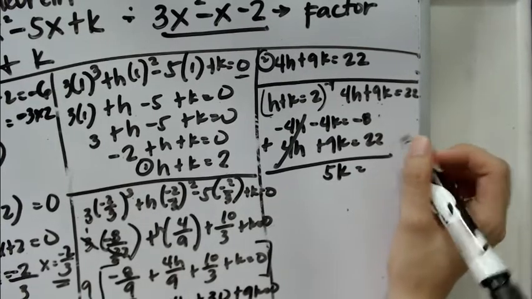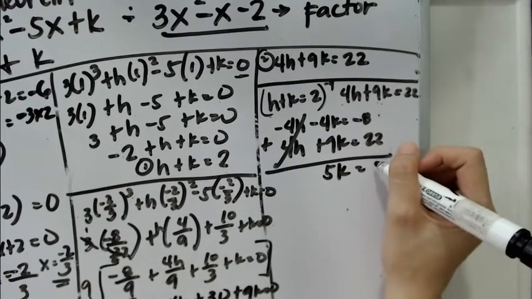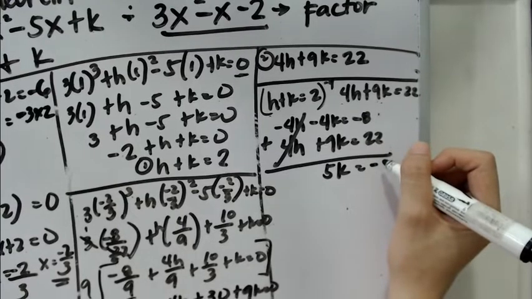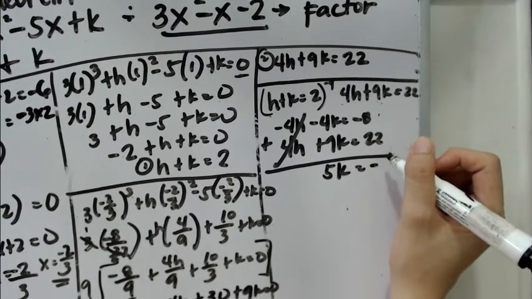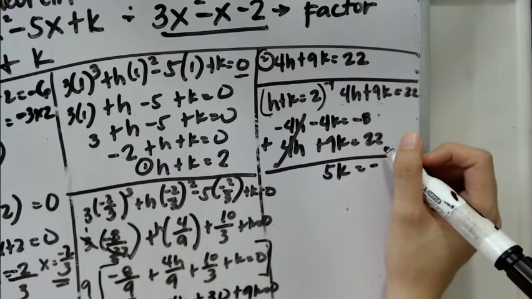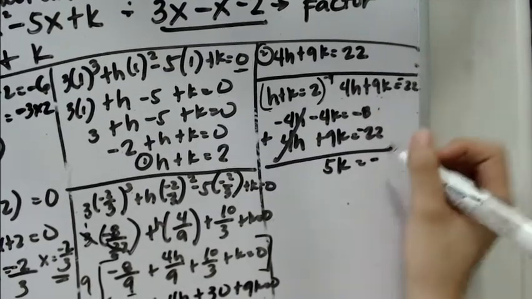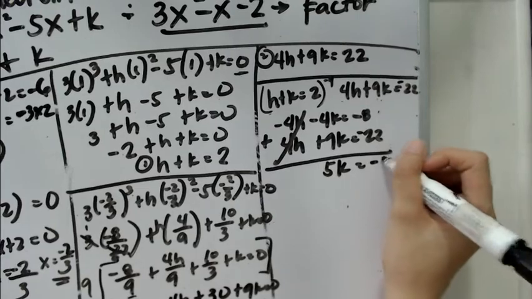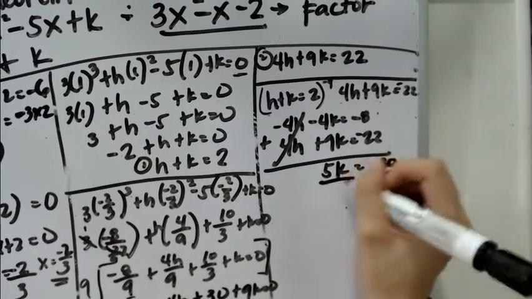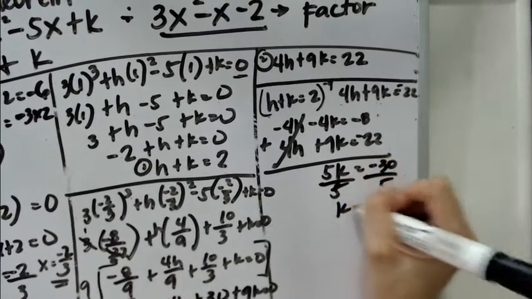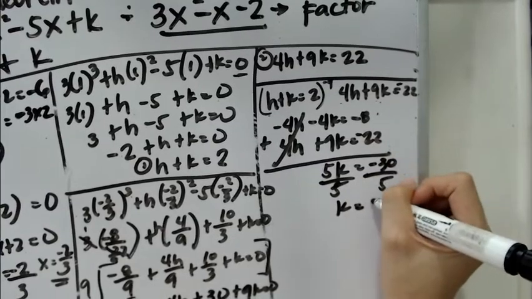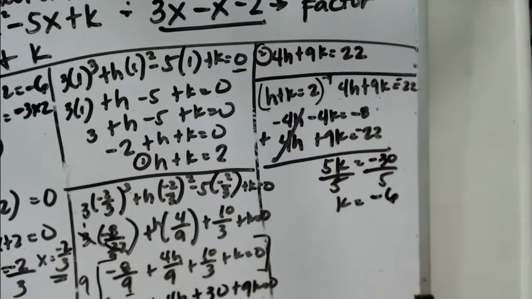Dividing both sides by 5, k is negative 6.